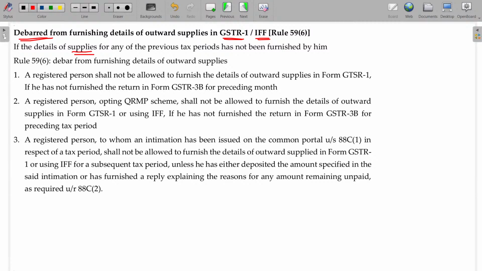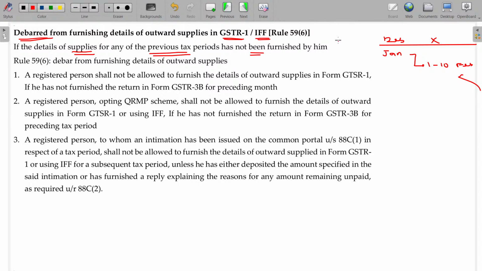If the details of supplies for any of the previous tax periods have not been furnished by him. For example, January, he wants to file this on 1st to 10th February, but December's return is still pending, not filed. Earlier period return not filed means this period is also not allowed.